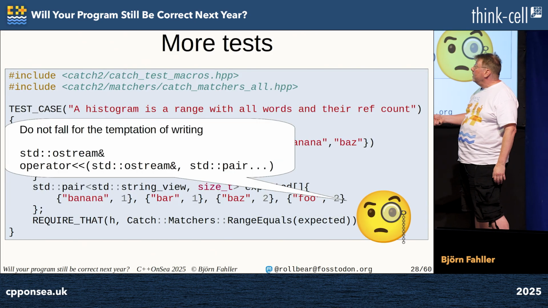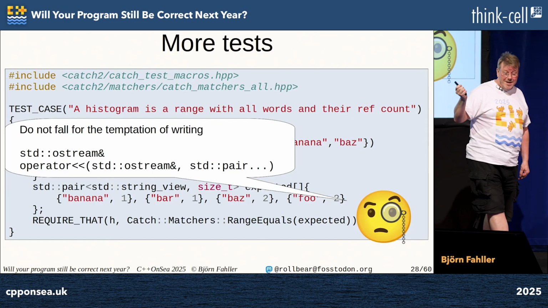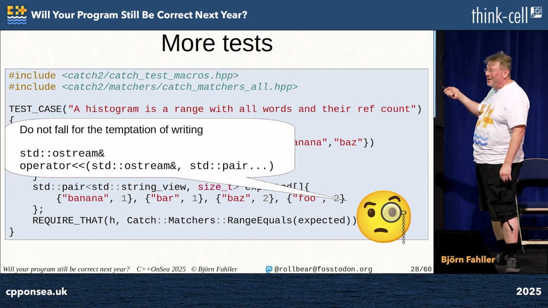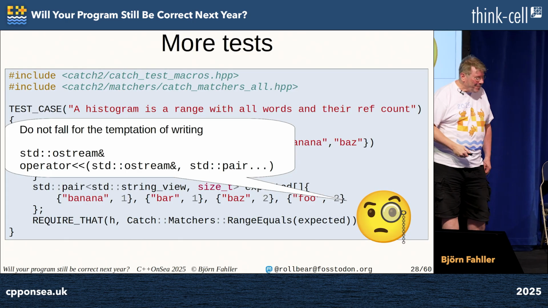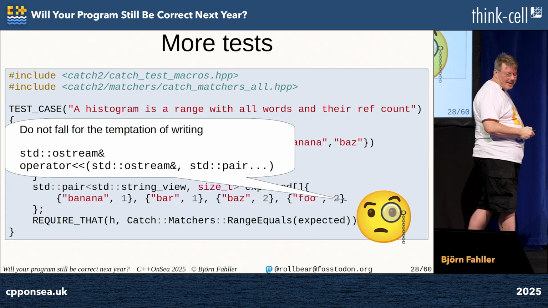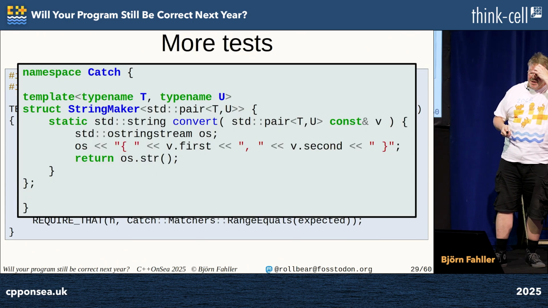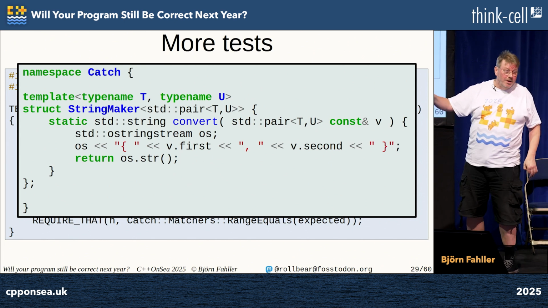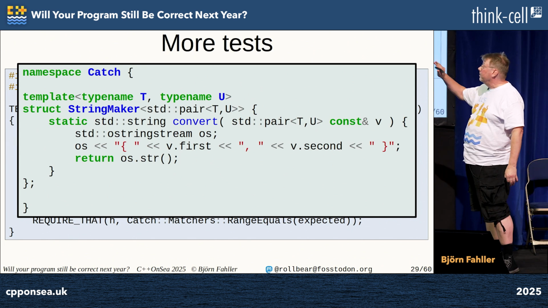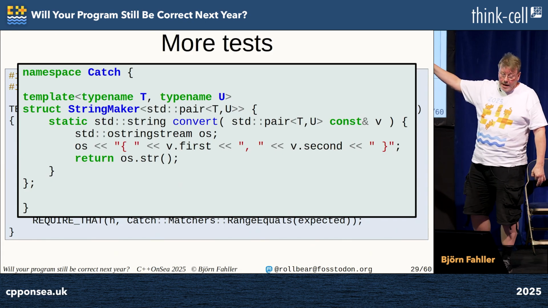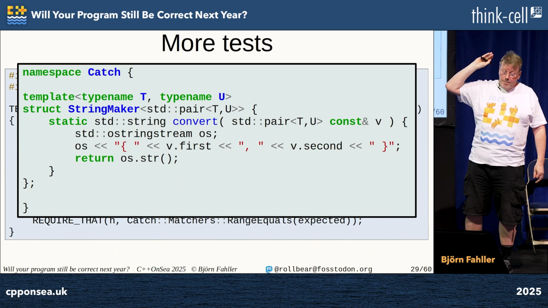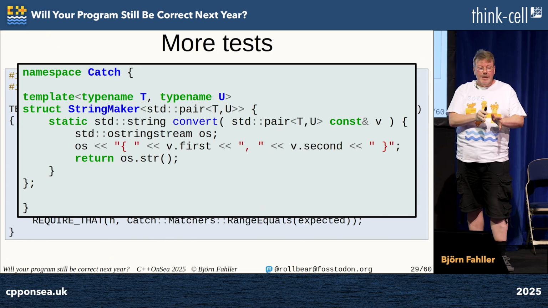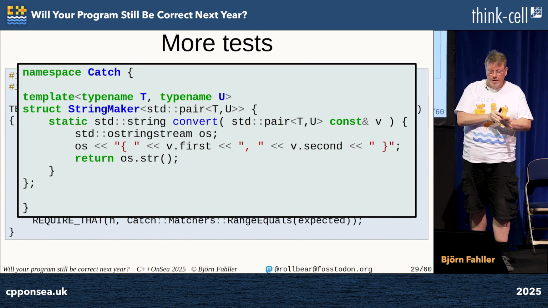Do not fall for the temptation of writing an ostream insertion operator for pair. Don't. Just don't. Instead, Catch2 has a way of saying that even if there was an ostream insertion operator for pairs of string_view and int, for the purposes of the test, this is how I want to visualize the value.